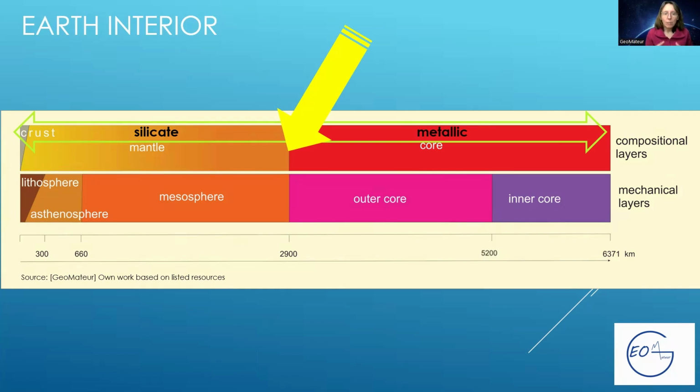It separates the metallic interior from the rocky cover. The core is an alloy of iron and nickel and some light elements. The silicate cover consists of two layers: the mantle, that consists of heavy silicates, mostly iron and magnesium, and the crust, made of light silicates.